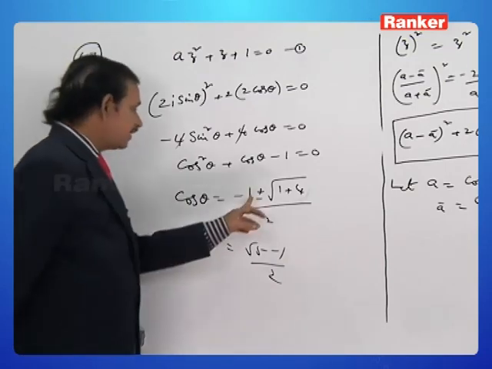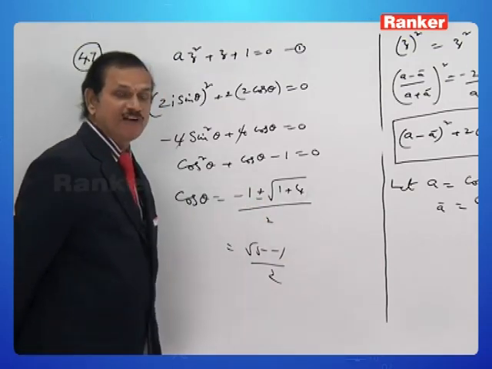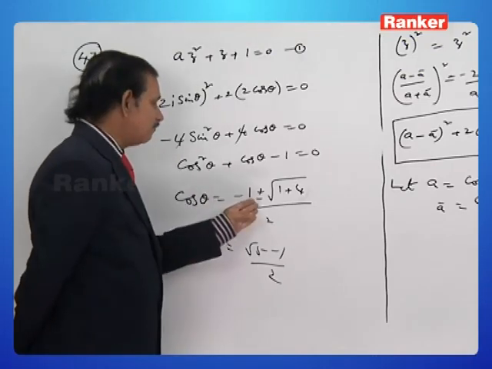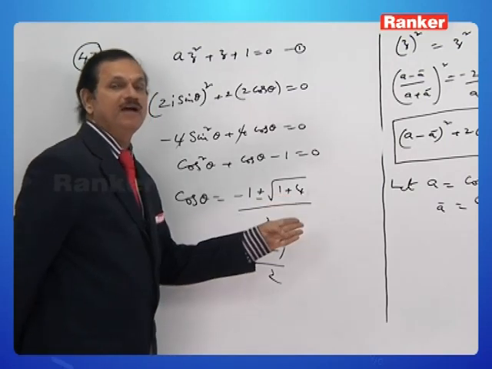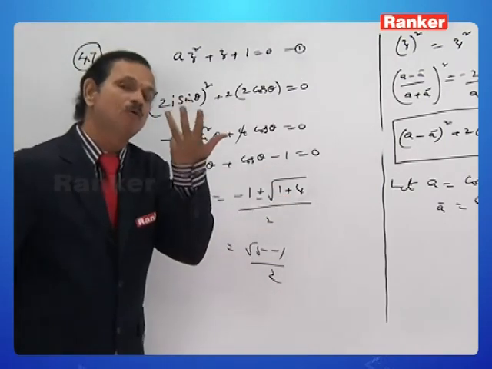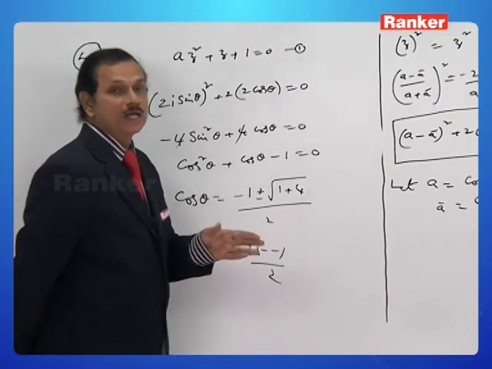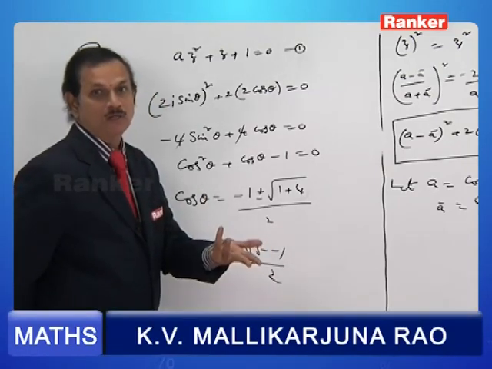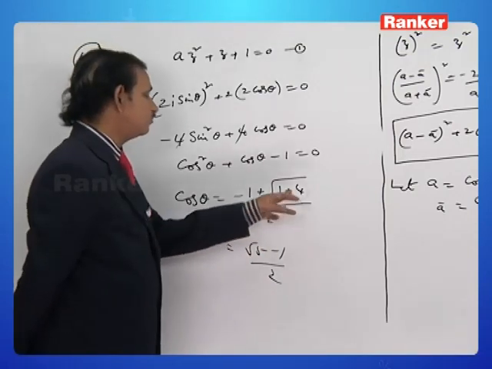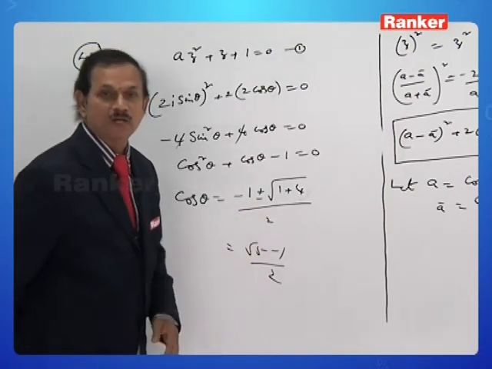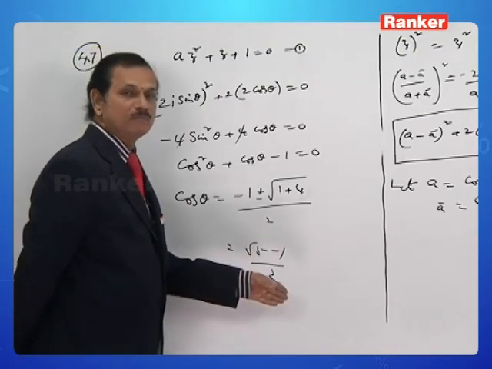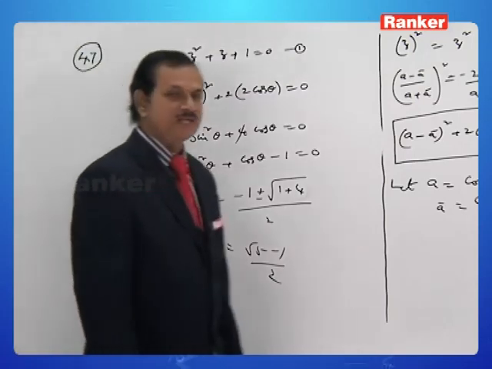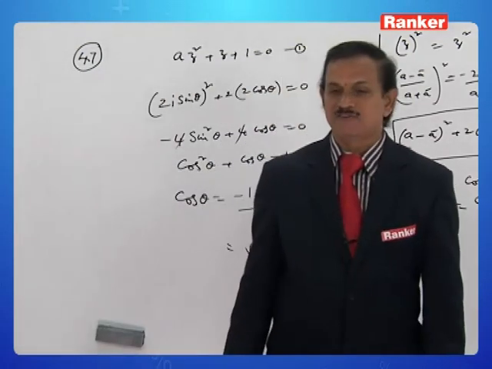Because if you take the minus sign here, root 5 is greater than 2, so minus 1 minus root 5 by 2 has an absolute value more than 1. Cos theta cannot have an absolute value more than 1. Therefore, minus 1 minus root 5 is not possible. That is why I have taken root 5 minus 1 by 2. Therefore, cos theta is equal to root 5 minus 1 by 2, meaning theta is equal to cos inverse of root 5 minus 1 by 2.